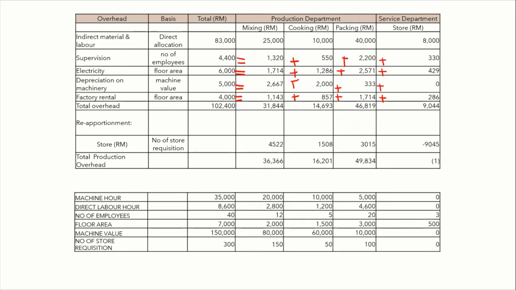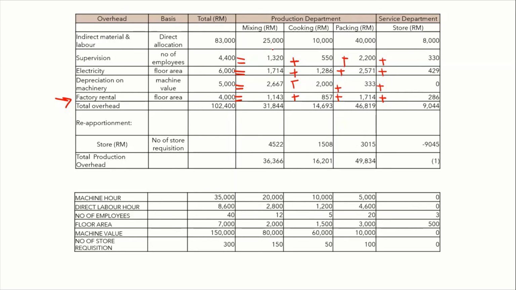For example, factory rental, when you plus 1143 plus 857 plus 1714 plus 286, you will gain 4000 in total. The same with the total of the overhead cost.